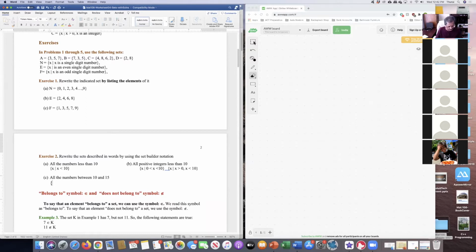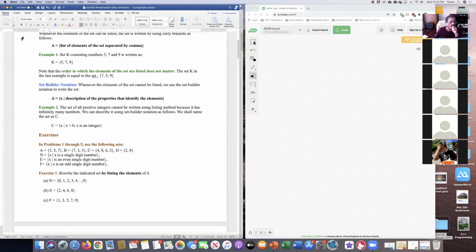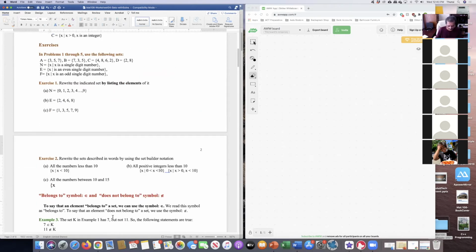Set of all X such that X is between 10 and 15, which means 10 less than X less than 15.